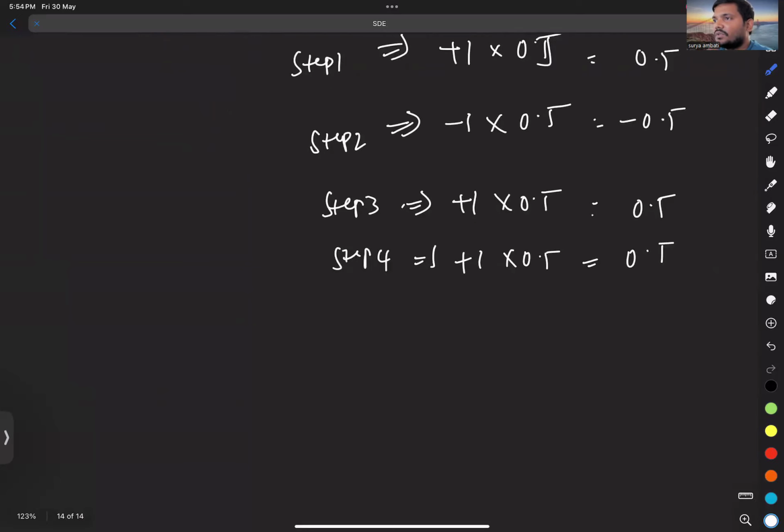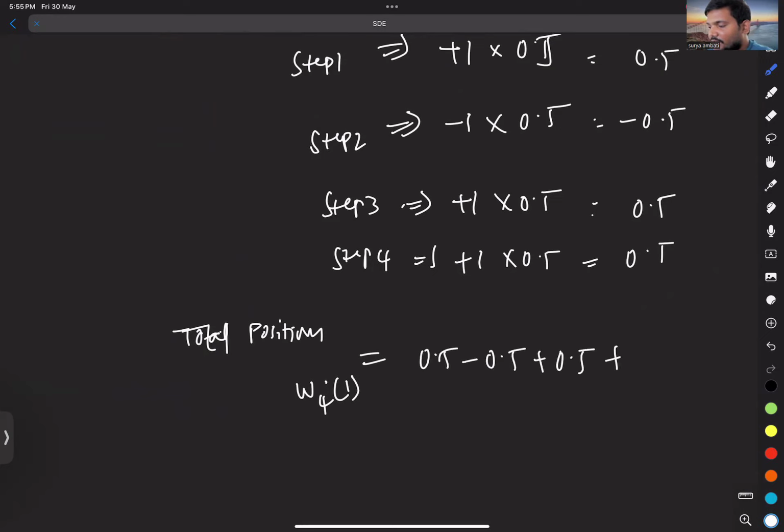Now if we want to know his total position after 4 steps, W at 4 equals 0.5 minus 0.5 plus 0.5 plus 0.5.